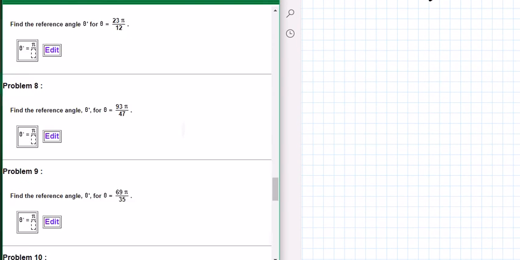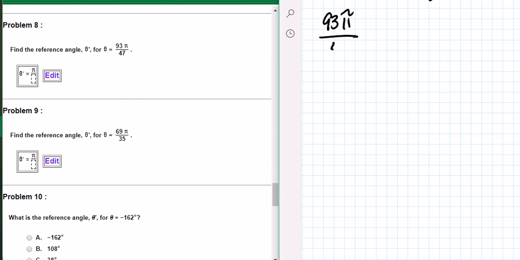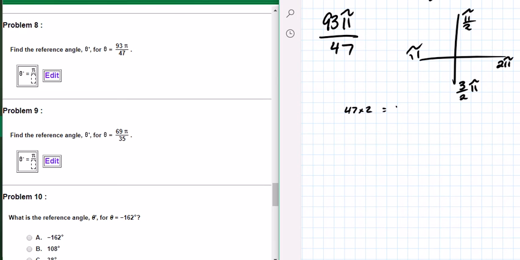Alright, looking at problem number 8, a reference angle for 93 pi over 47. So setting this up, pi over 2, pi, 2 pi, and 3 halves pi. Looking at 93 over 47, if I do a quick check here, what is 47 times 2? 47 times 2 is 94, so it is almost, yet again, 2 pi.